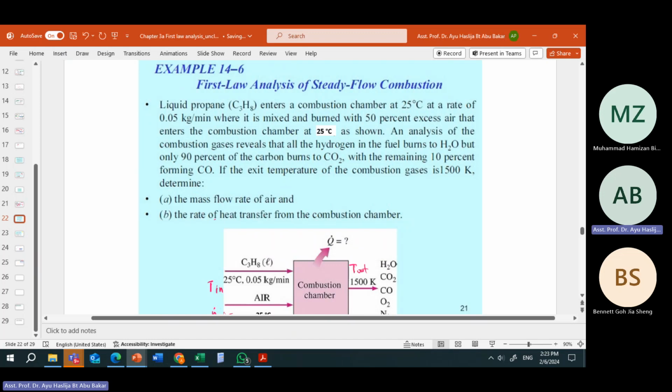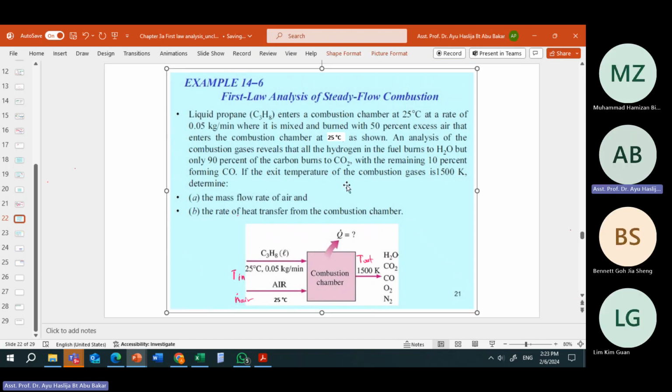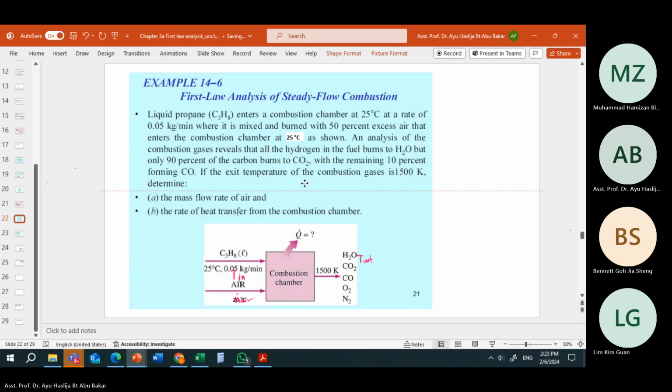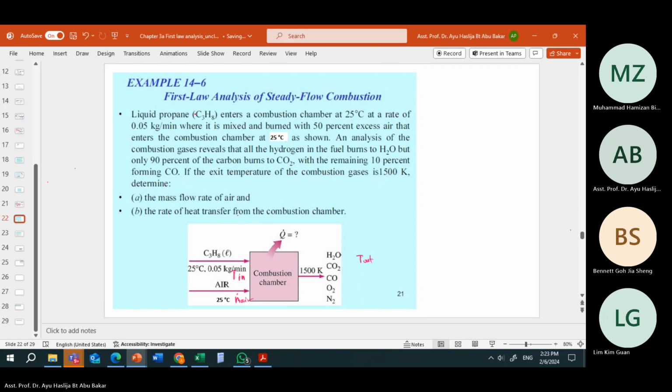Okay. So this one, the previous example. So kita go step by step. Liquid propane. So ini liquid propane. This is liquid. Enters a combustion chamber at 25 degrees C at a rate of 0.05 kg per minute.